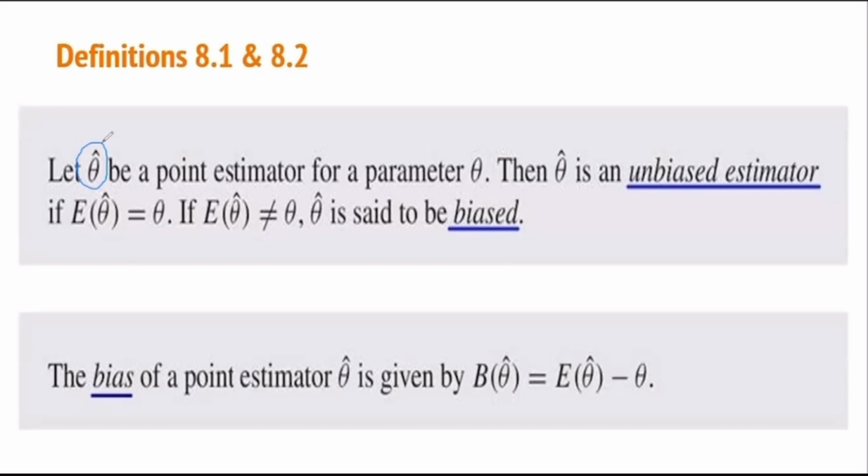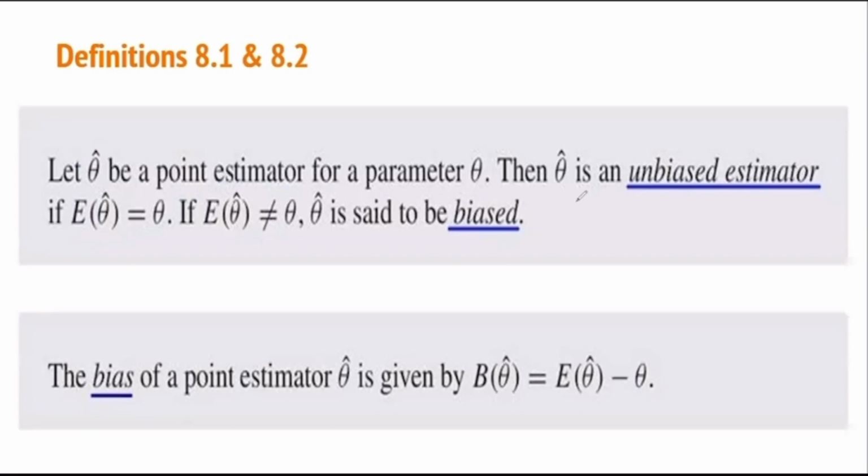By the time I take the expectation of that, if that gives me the true value of the parameter, then I'm going to say the estimator is unbiased. So an estimator being unbiased means the expected value of theta cap equals theta. Okay? And of course, in a situation where that's not true, then we conclude that theta cap is biased.